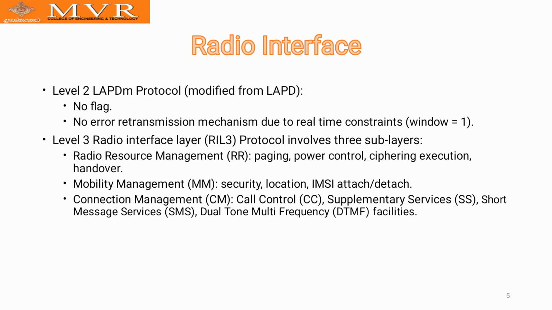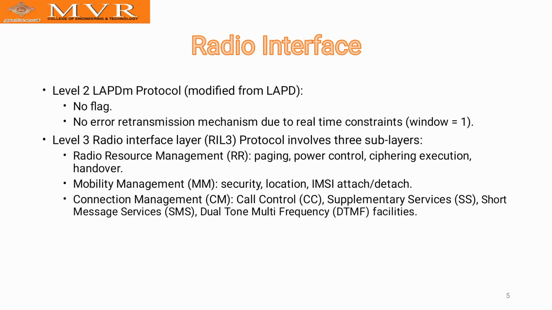Here there are no flags and no error retransmission mechanism due to real-time constraints, having the window equal to 1. It initializes the window equal to 1. And then level 3 is the radio interface layer RIL3.